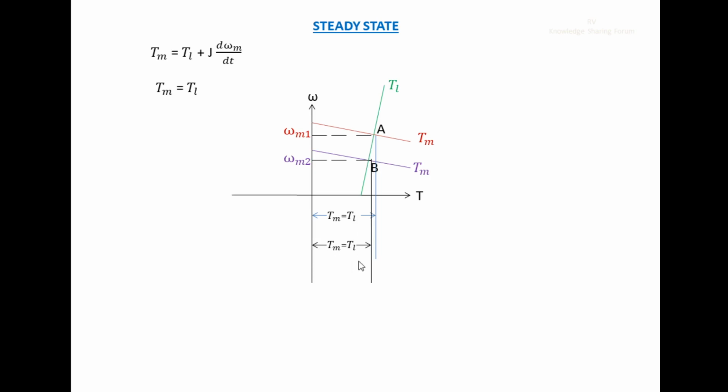Therefore motor torque is equal to load torque. So even if we increase or decrease the speed, the condition should be balanced. That means the motor torque and the load torque should be equal and that should be maintained always, even if you wish to change the speed of an electric drive. That is known as steady state operation of an electric drive.